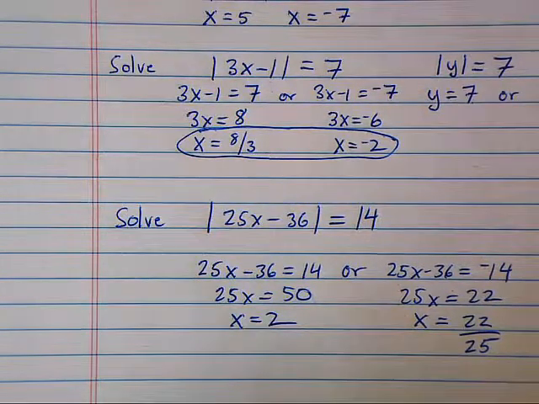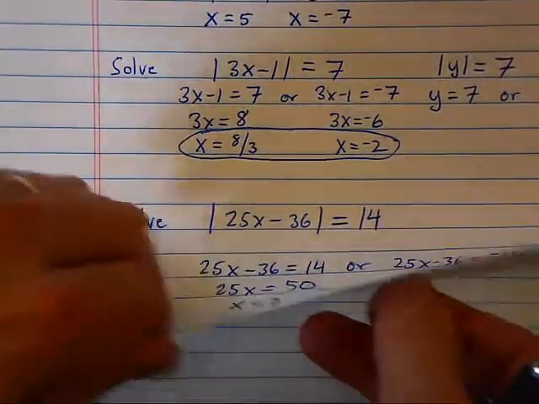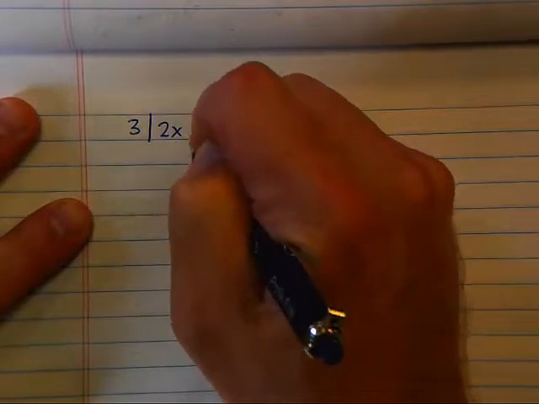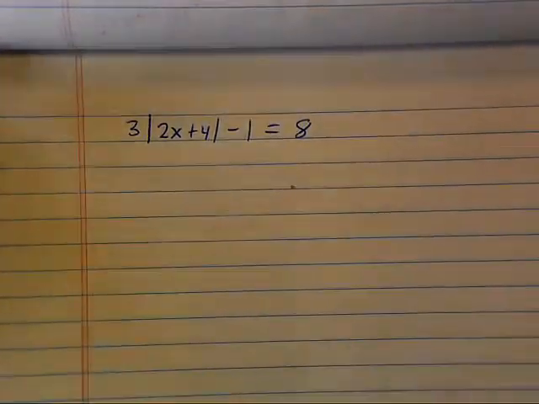It gets slightly harder. So let me make it slightly harder. The way it gets slightly harder is if I put some junk outside of the absolute values. So let's say I were to do 3 absolute value of 2x plus 4 minus 1 equals 8.